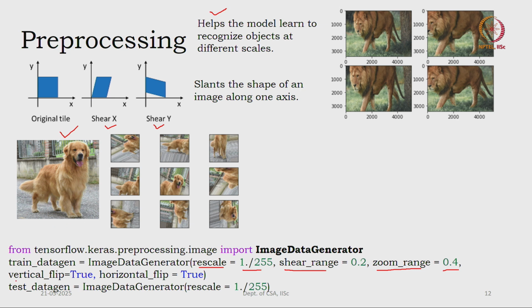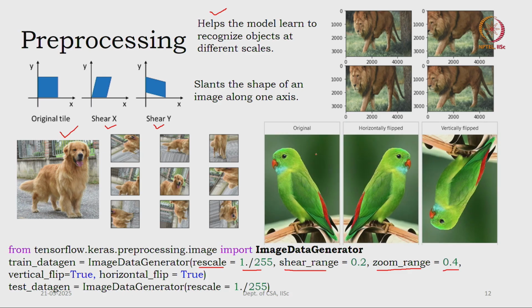Next, we have a horizontal flip and a vertical flip. This is an image, and this is the original image. When we take a horizontal flip, you see the same image in this orientation, and with a vertical flip you see the image in this orientation. So this is all the preprocessing that we do.